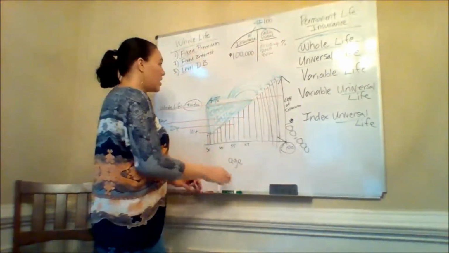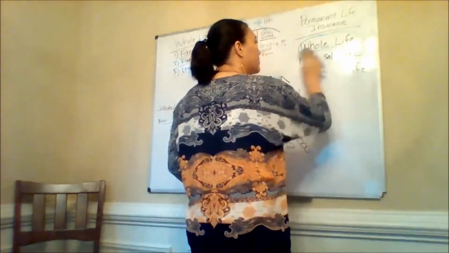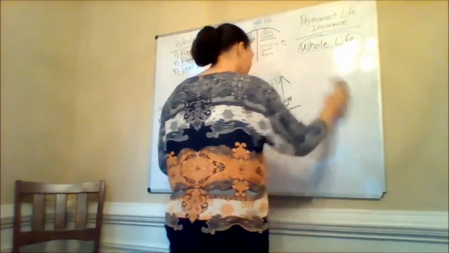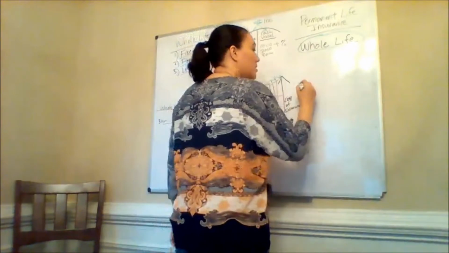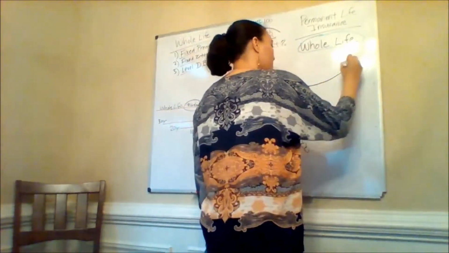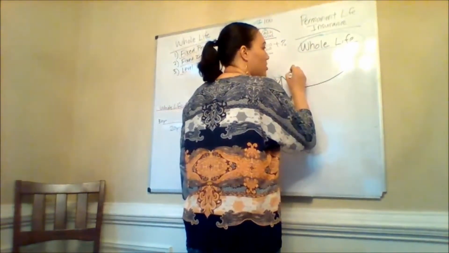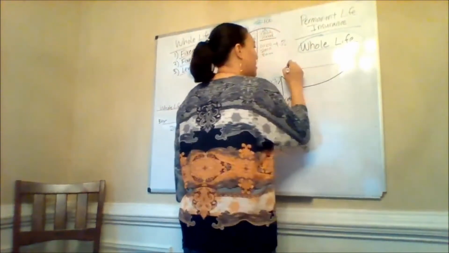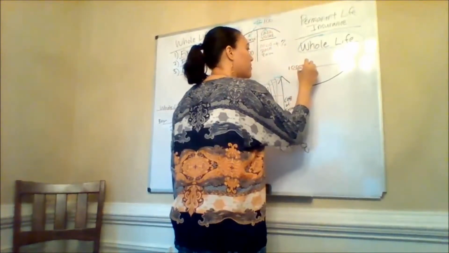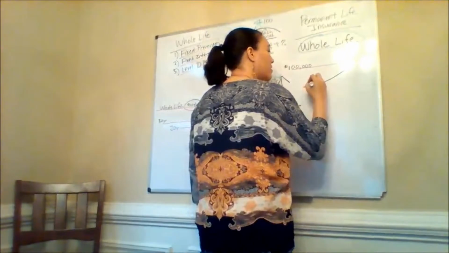So what they're doing in this situation, let me erase all of these. In a whole life policy, this is your cash value. It grows over time, right? This is your $100,000 death benefit. This is your cash value.